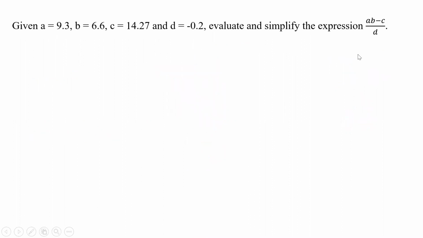All right, what about this one? All right, so this one says we're going to be given A, B, C, and D, and we just need to plug into the expression and then simplify. So we're going to use PEMDAS again. So if we do this, we're going to have A, which is 9.3, times B, which is 6.6, minus C, which is 14.27, divided by D, which is a negative 0.2.